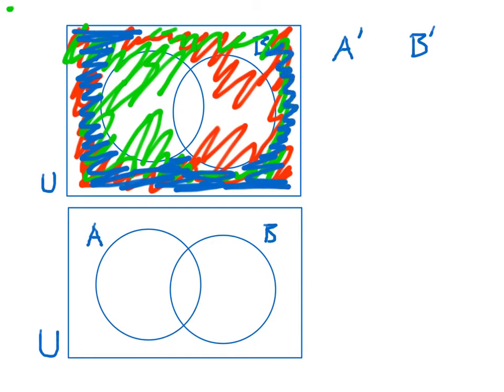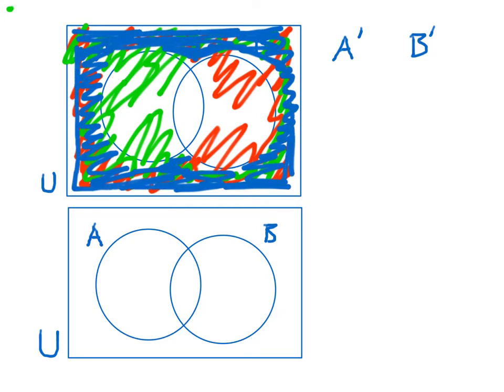It's everything that's outside the two circles. Okay? So, because I'm including both the red and the green shading, that's an and statement. This is an intersection.